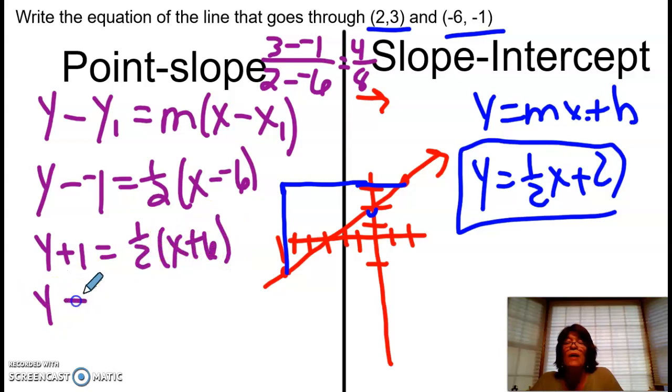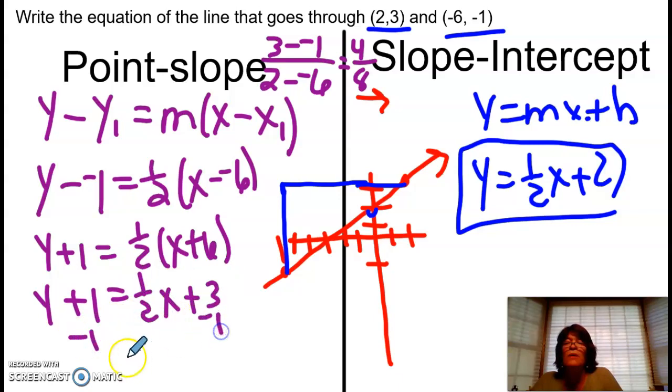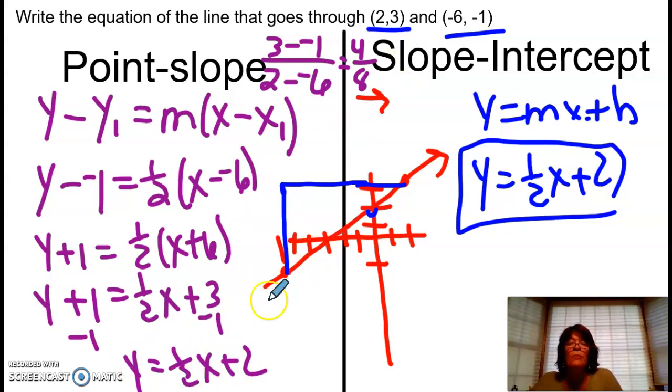If you distribute the half through, half x, what's half of 6? 3. Subtract 1. You get y equals 1/2 x plus 2. I mean, it's still the same line. Okay? No matter what point you pick, you pick an infinite number of points, these are both the equation of the line, this red line right here. Okay, point slope, slope intercept.